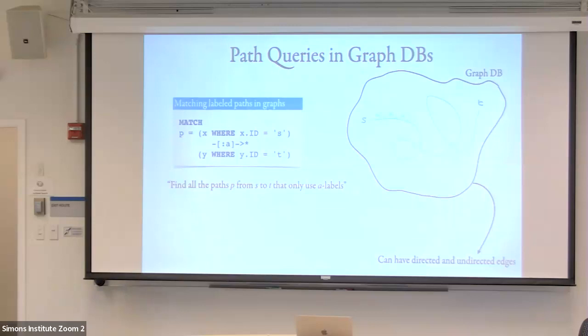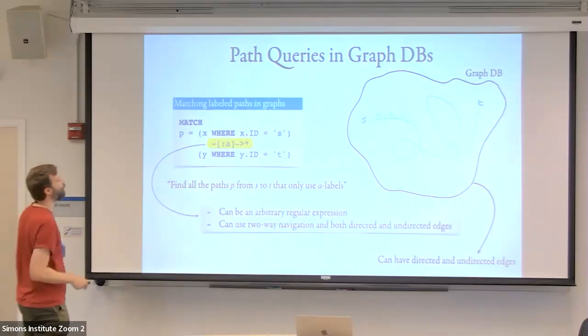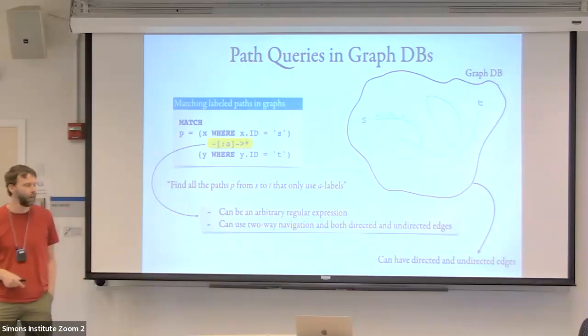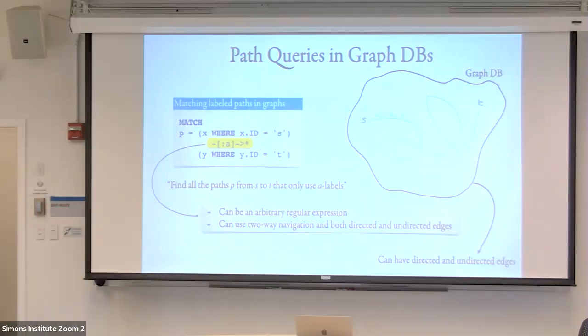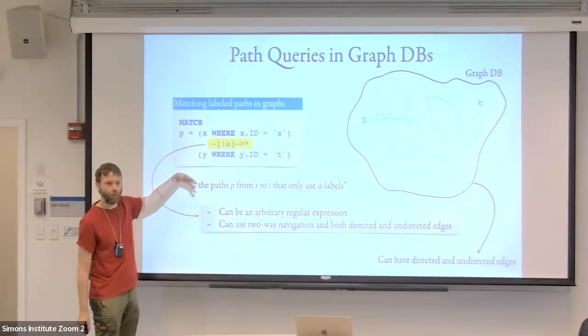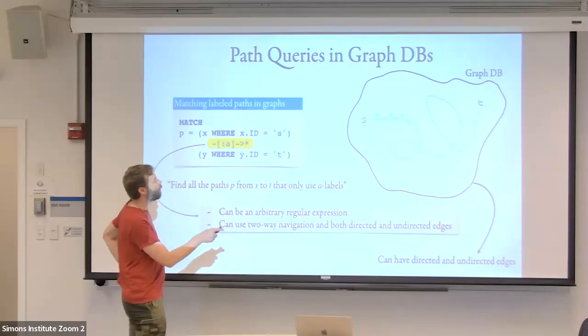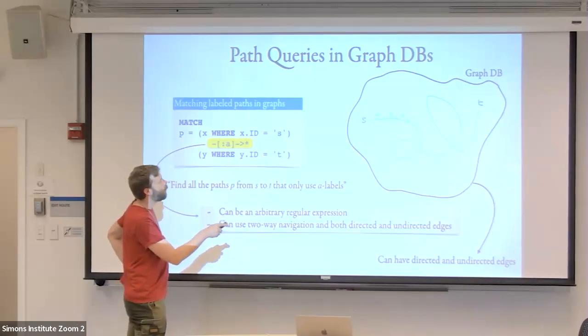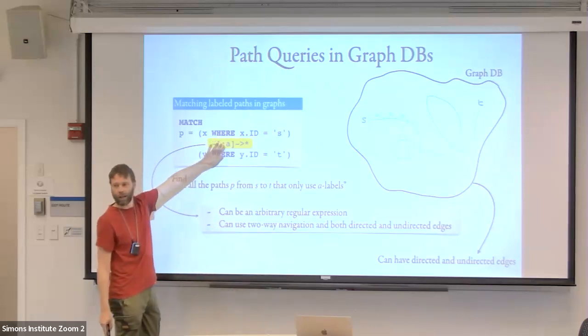And then, this thingy here that says every edge needs to be labeled with an A, well, in graph database query languages, you can use arbitrary regular expressions here. And then you're asking, is there a path from S to T such that, if I take the sequence of labels on this path, this sequence forms a word in this regular expression.